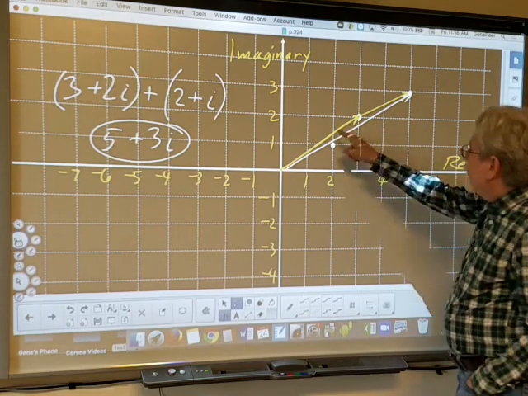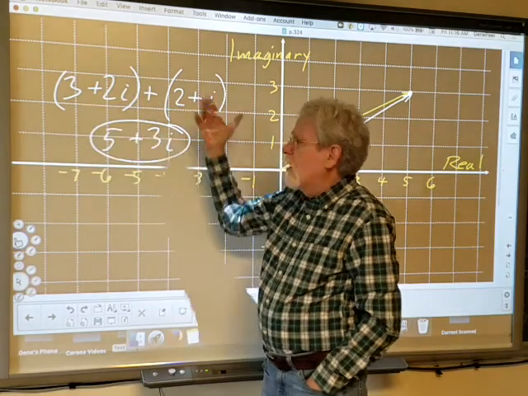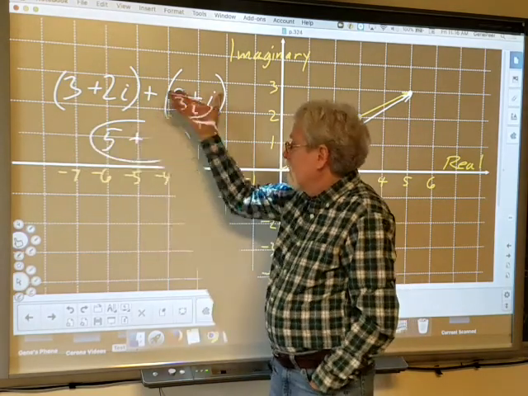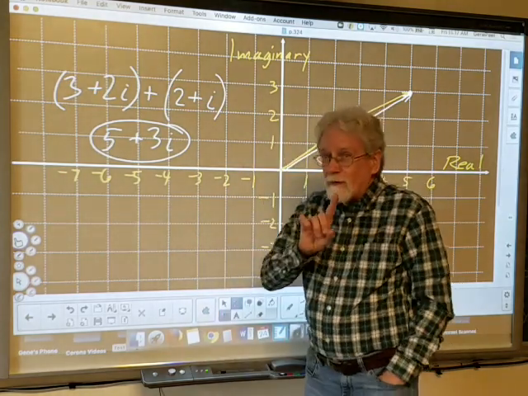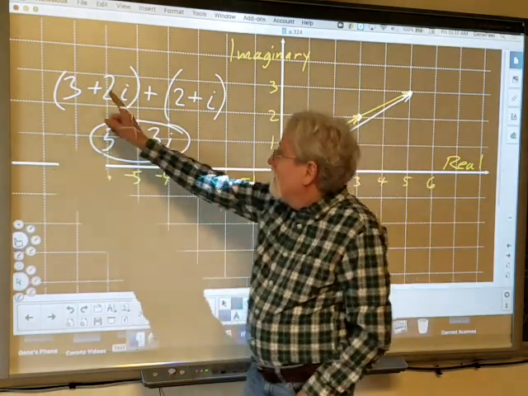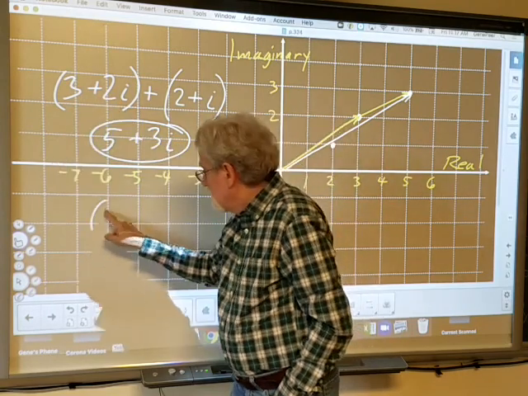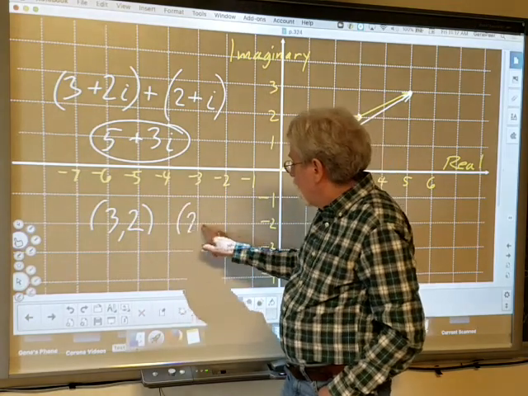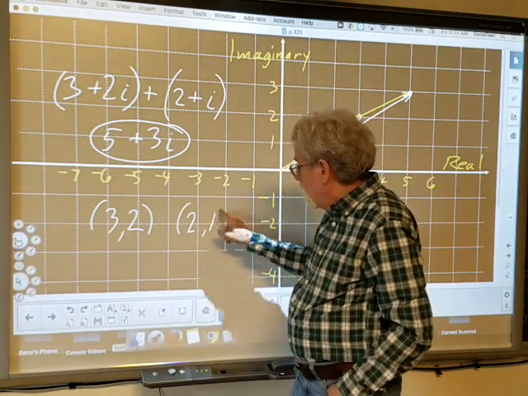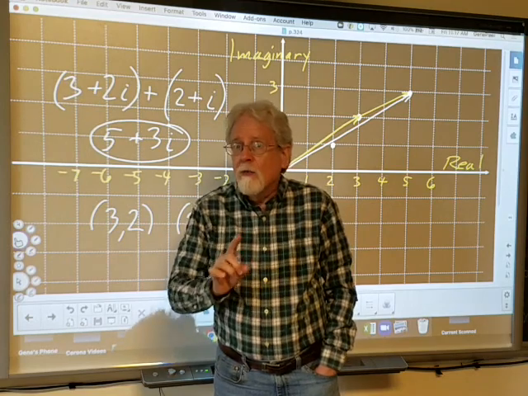So we can add vectors by making them into complex numbers and adding the complex numbers, and behold, we just also demonstrated something else kind of cool. Is not this represented by the ordered pair 3, 2? And this is the ordered pair 2, 1. Have you ever thought about adding ordered pairs before?